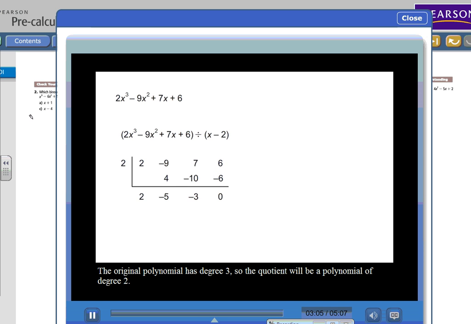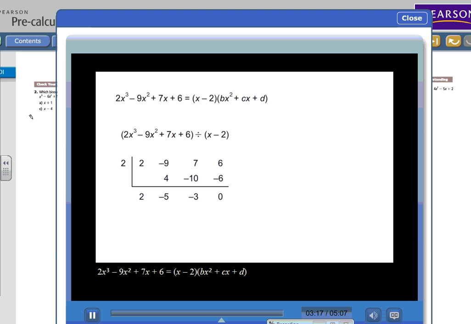The original polynomial has degree 3, so the quotient will be a polynomial of degree 2. So, the division statement will look like this. 2x cubed minus 9x squared plus 7x plus 6 equals x minus 2 times bx squared plus cx plus d. b is 2, c is negative 5, d is negative 3.